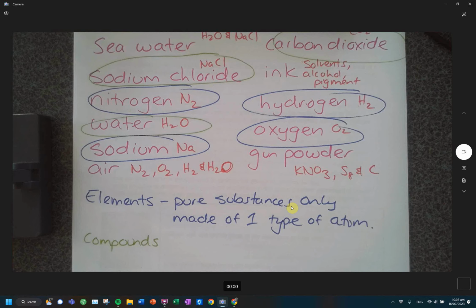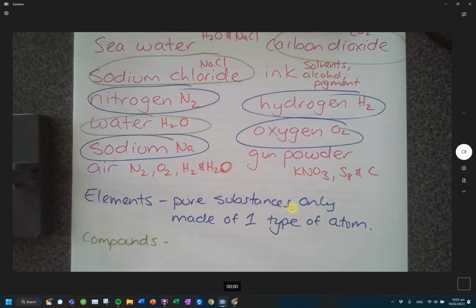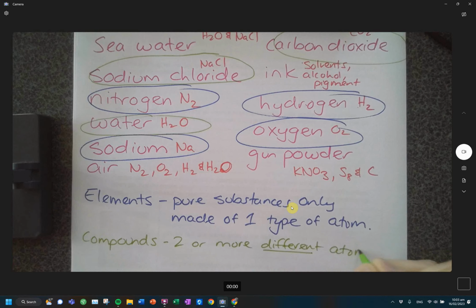So my compounds are 2 or more different, is the key word, atoms that are, another key word, chemically joined together.